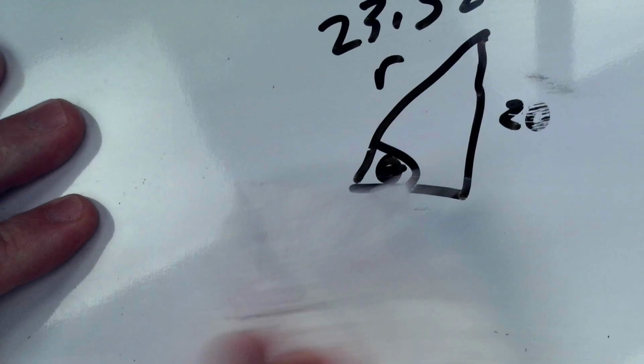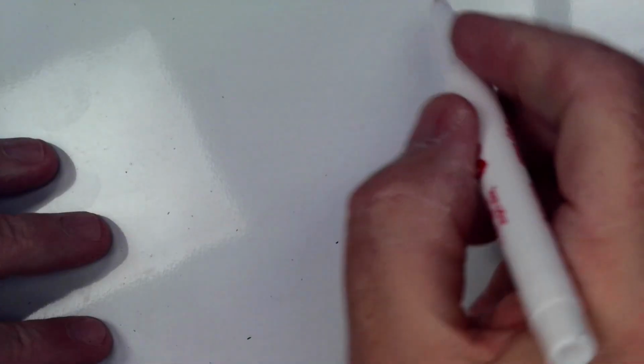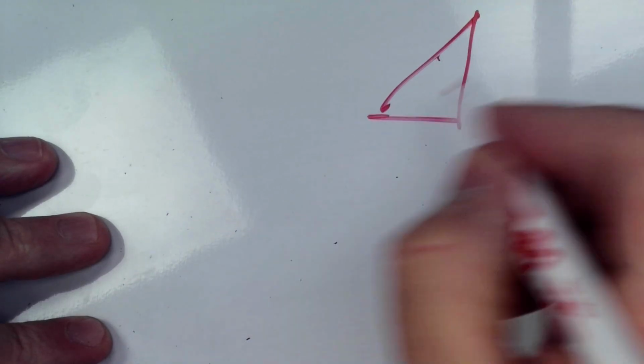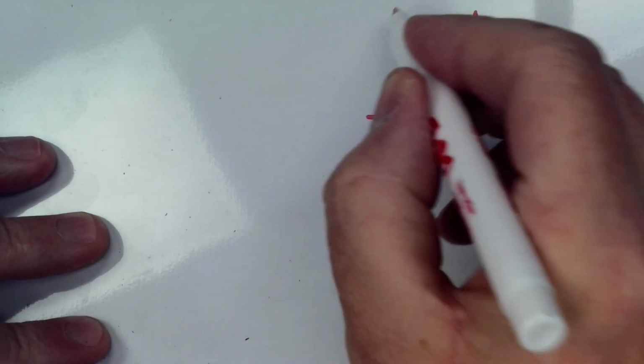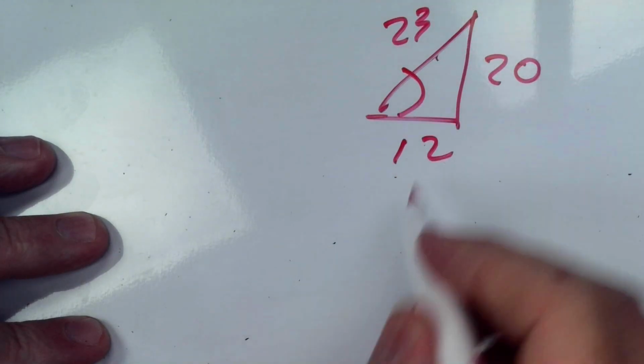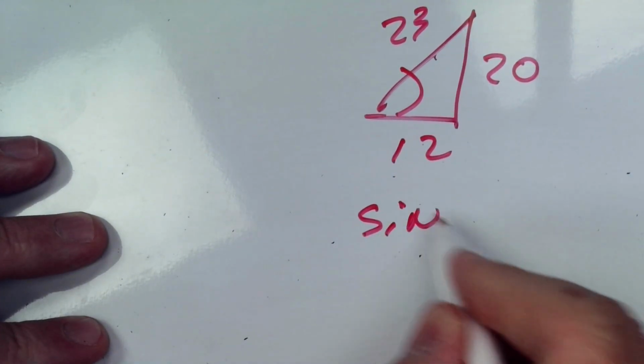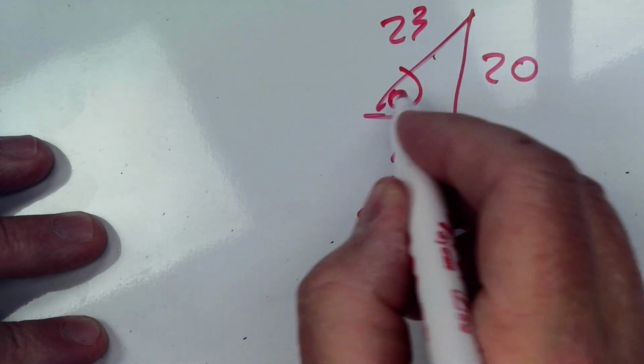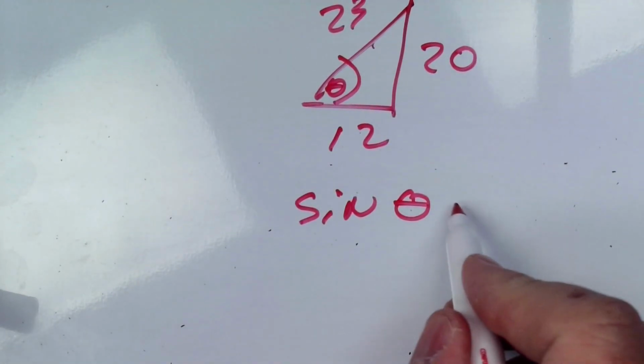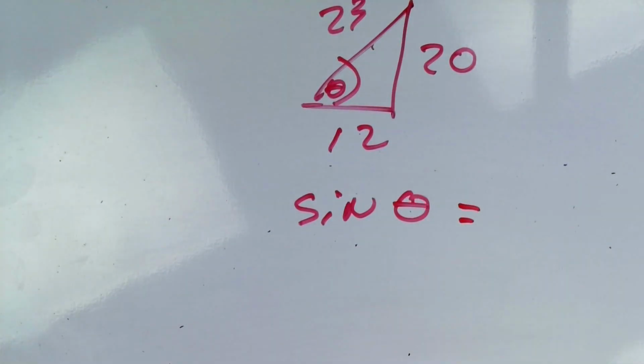So I'm just going to redraw this, and we'll say this is 20, this is 12, 23. And if I want to find the sine of theta, right, here's theta. If I want to get the sine of theta, remember the sine is the opposite over the hypotenuse.